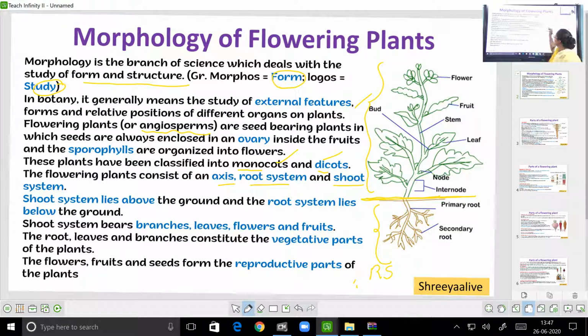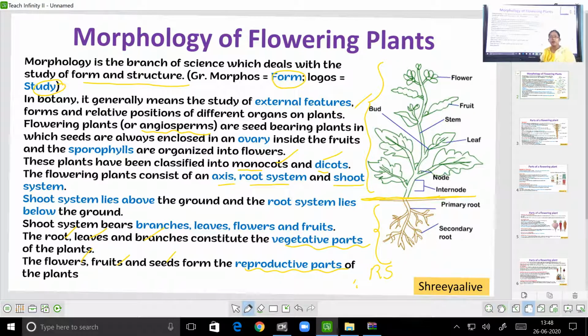Further, the roots, leaves and branches constitute the vegetative part, whereas flowers, fruits and seeds constitute the reproductive part of the plant.